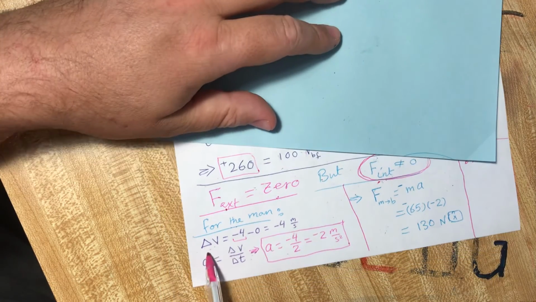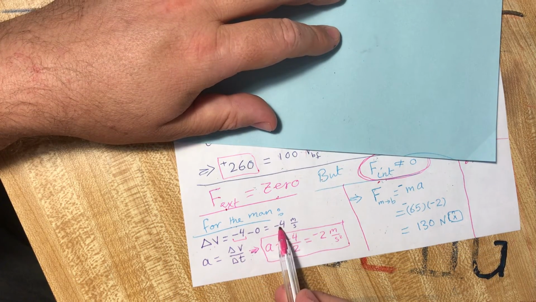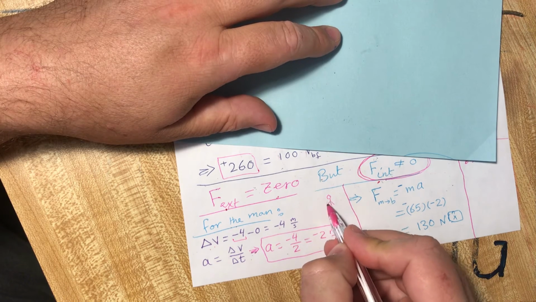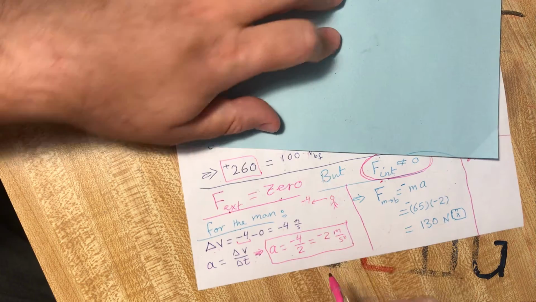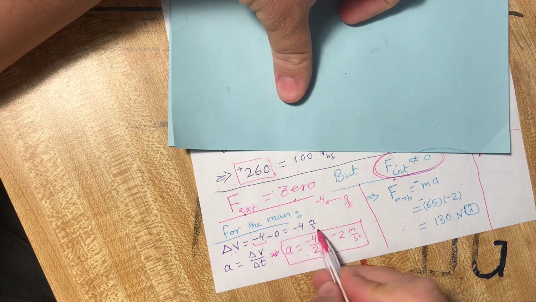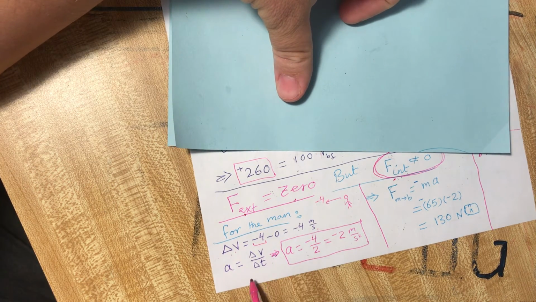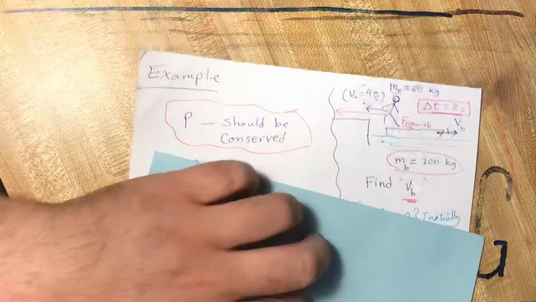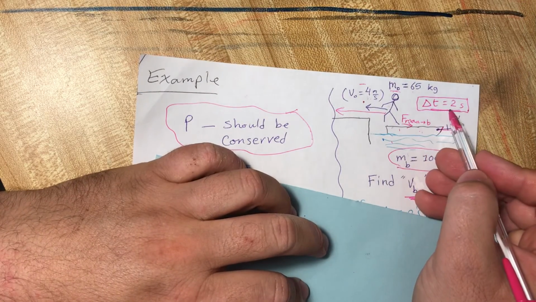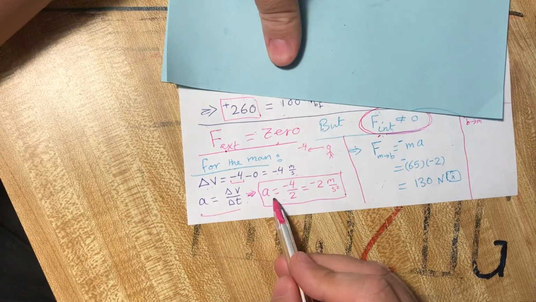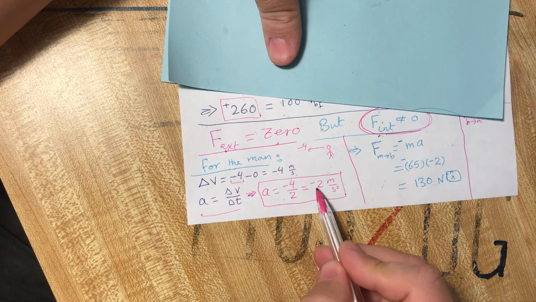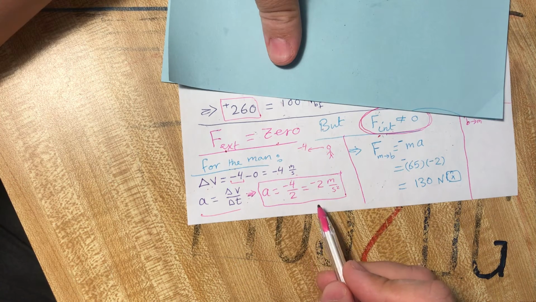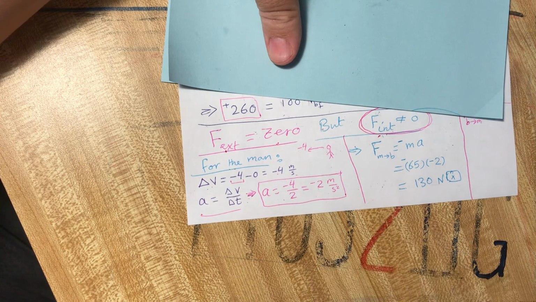So delta v for the man is -4, because he was stationary, then jumped at -4 meters per second. We can compute the acceleration because we have the time. It is 2 seconds. The acceleration in this case is -2 meters per second squared. The negative sign tells us the direction.